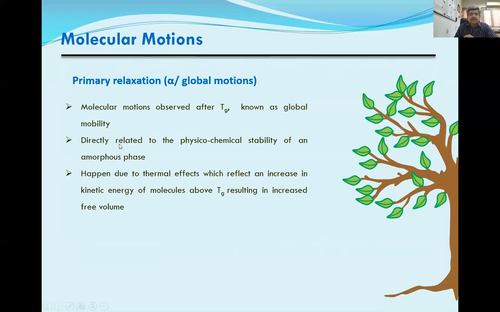They are directly related to the physicochemical stability of an amorphous phase, and they happen due to thermal effects which reflect an increase in kinetic energy of molecules above Tg, resulting in increased free volume of the system. And because of this increased free volume, the diffusional motions are able to occur at a greater frequency.